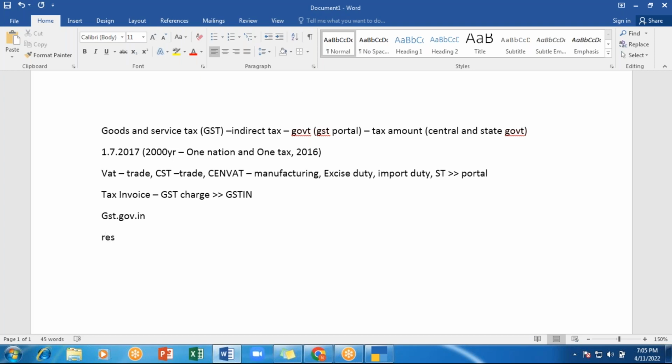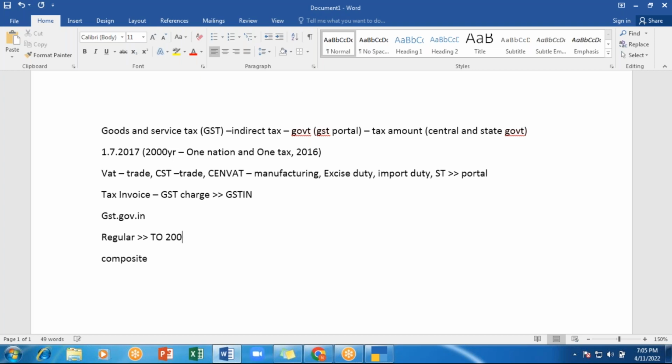There are two types of dealer: regular dealer and composite dealer. Who is this regular dealer? Any person who is doing a business, where the aggregate turnover is up to 20 lakhs.